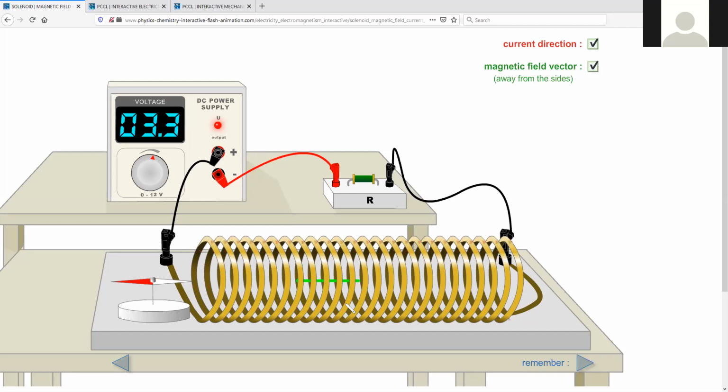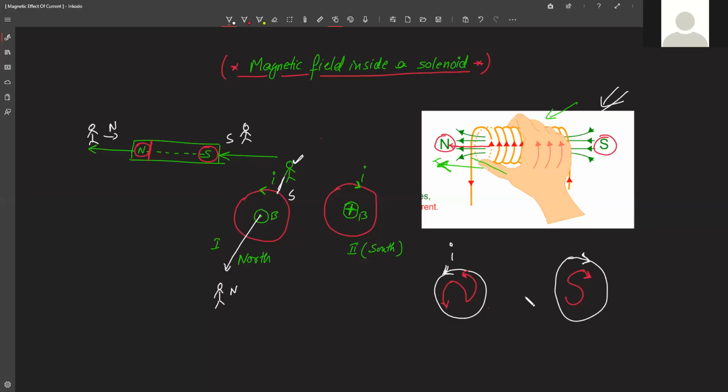Right? So now let's get back to the derivation part. So we have to find out the magnetic field inside this solenoid. Okay, this solenoid which we have seen has various parts, right?